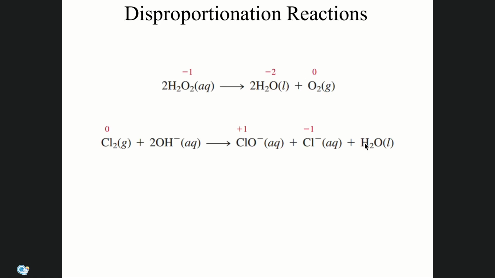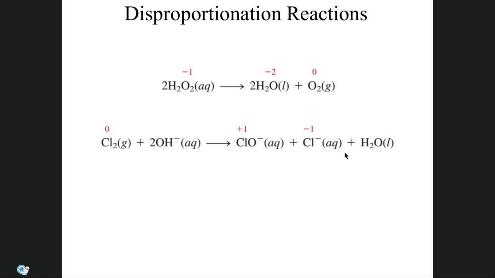One reactant in a disproportionation reaction always contains an element that can have at least 3 oxidation states. The element itself is in an intermediate oxidation state. That is, both higher and lower oxidation states exist for that element in the products.